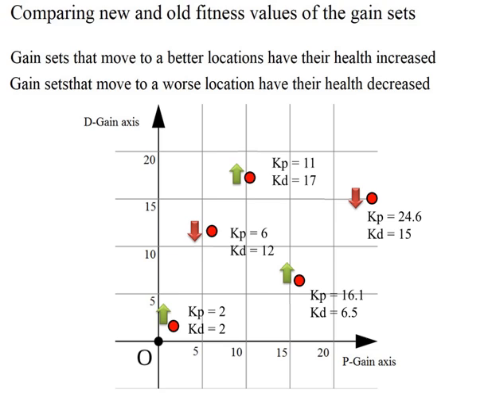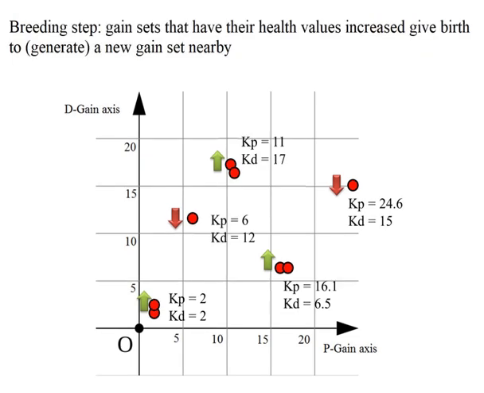Now the old and the new fitness values are compared. If the new fitness value is more than the old fitness value, the health is increased, else the health is decreased. Now, gain sets that had their health values increased give birth or generate new gain sets at the same location.